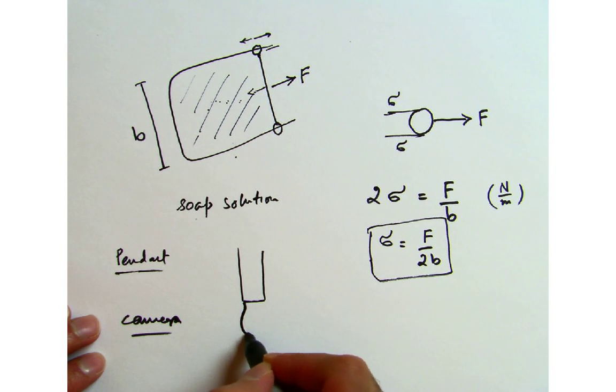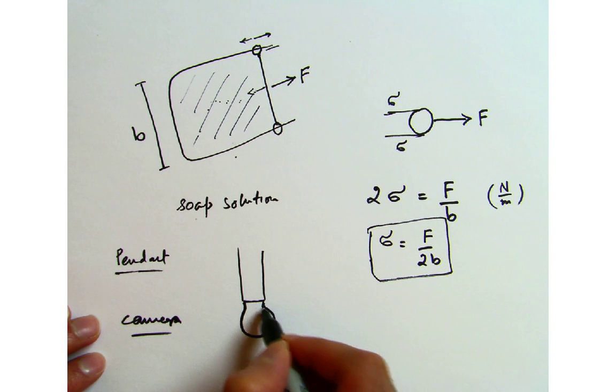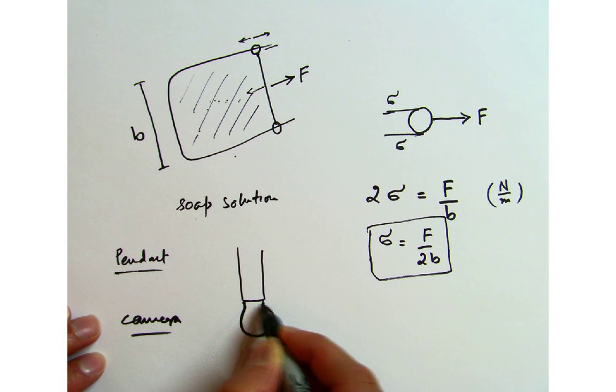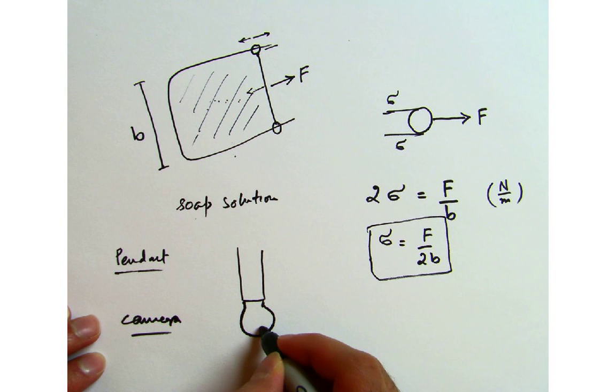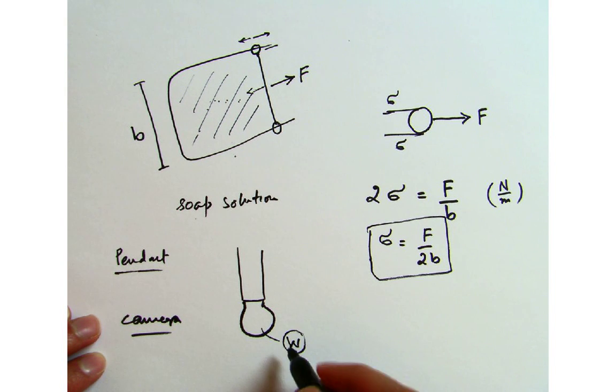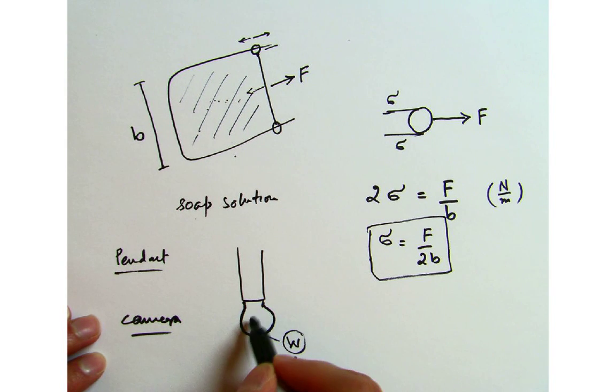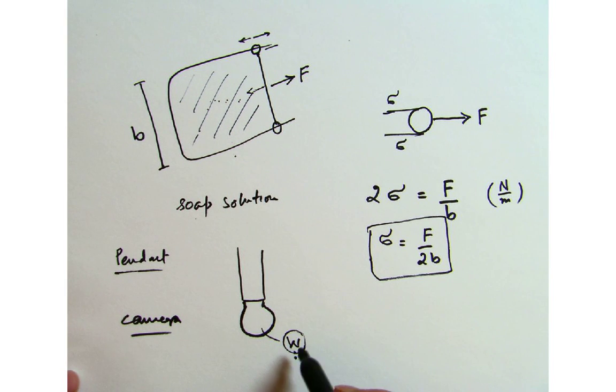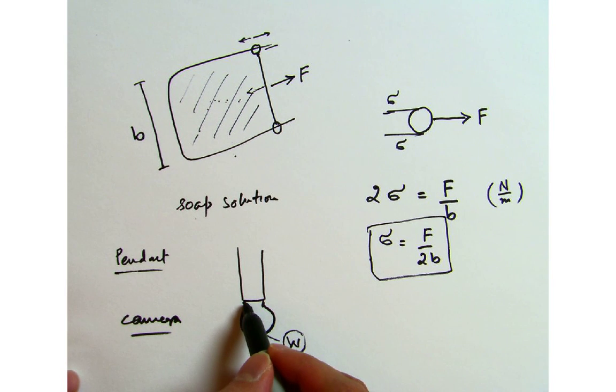If this is the fluid drop, after a while you can monitor it and find the radius of that circle and everything, and this will tell you what the weight of the drop would be. Based on the weight you can find the surface tension. It is a little bit more involved, but the idea is you have a weight, which is a force, and you can find out what the pinch off point is.